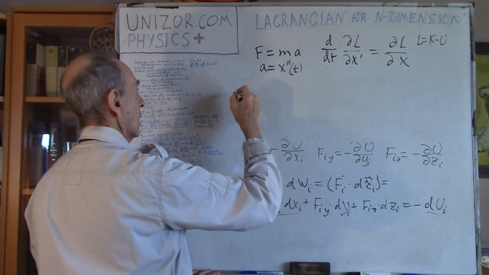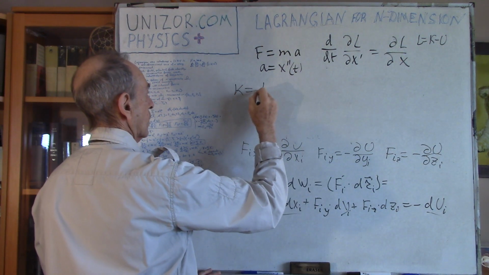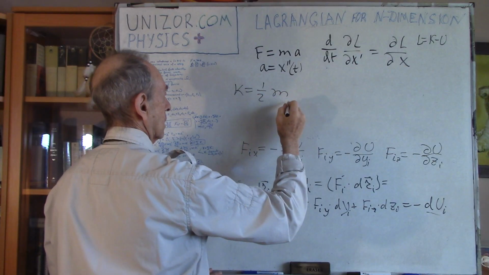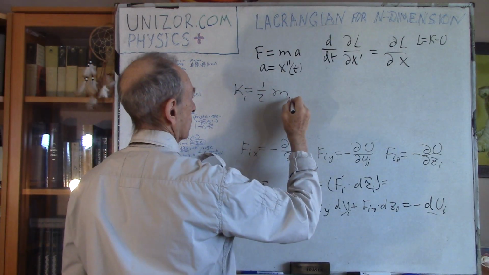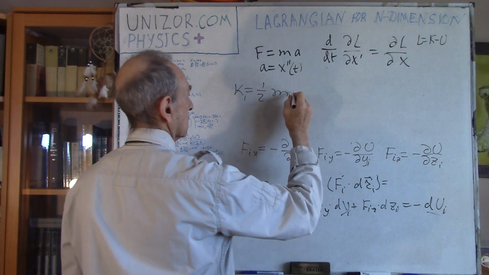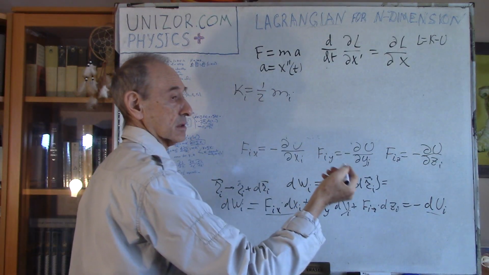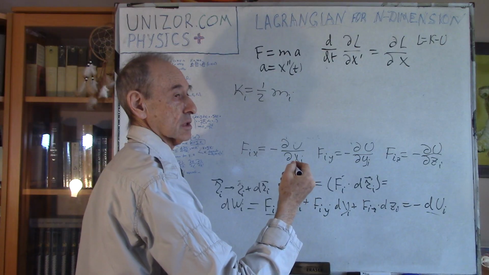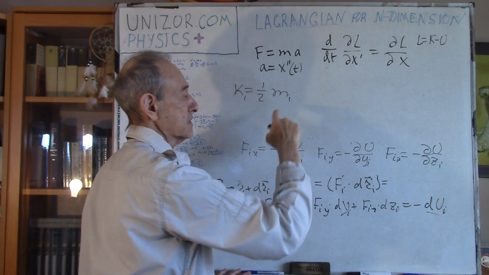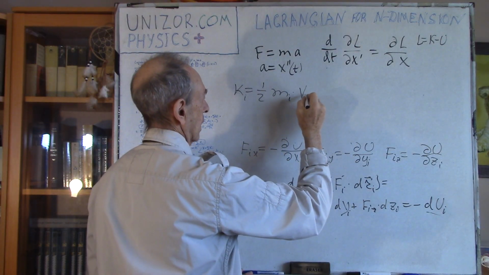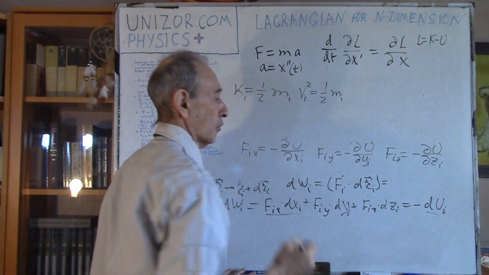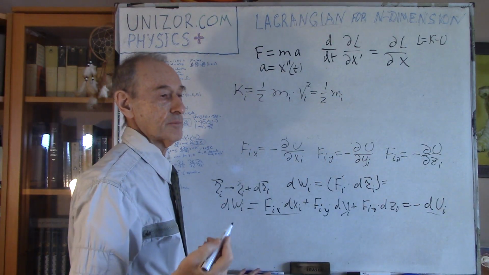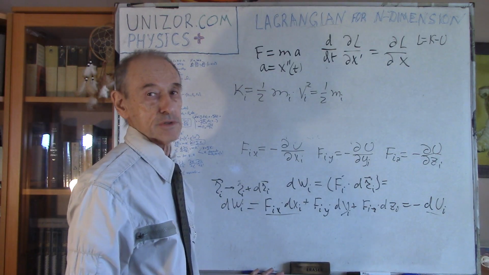Okay, so kinetic energy of the ith object is 1/2 mass of the ith object times v squared. What is the square of the velocity?